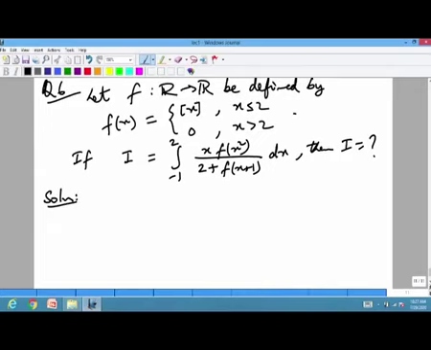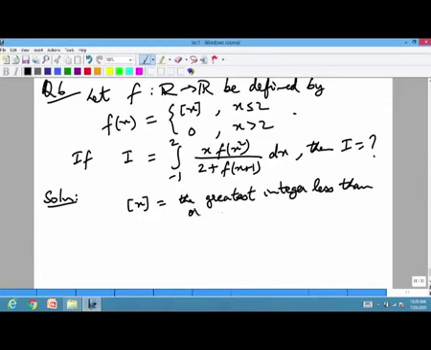To do this problem, first let us recall that the greatest integer function is the greatest integer less than or equal to x.